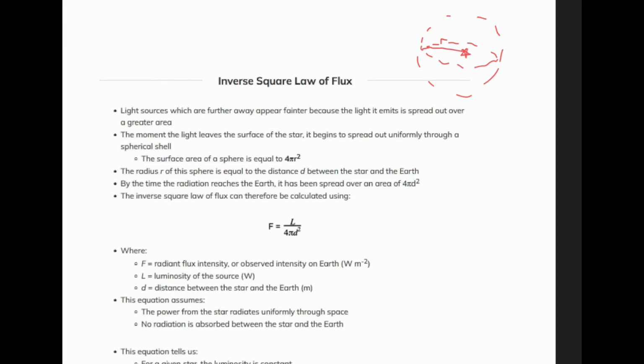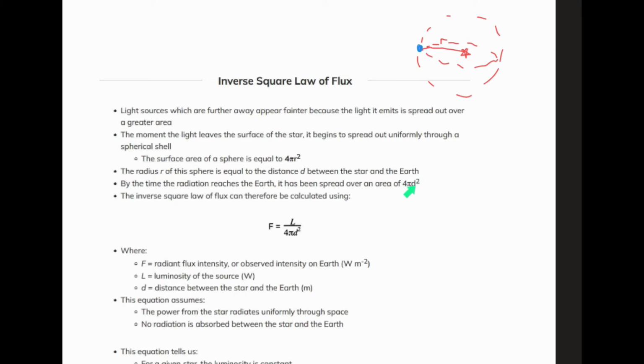Let's say the Earth is here, and the r is the distance between the star and the Earth. By the time the radiation reaches the Earth, it has been spread out over an area of 4 pi d square.